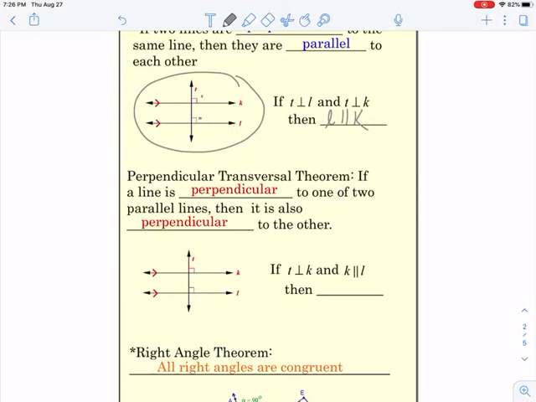So if T is perpendicular to K, as denoted right there, and if K is parallel to L, as denoted by those two little arrows there, then the next thing that has to be true is that T is going to have to be perpendicular to L. Again, because parallel lines cut by a transversal, that means these two things have to be congruent. They're corresponding angles. So that means that T is perpendicular to L. And that's pretty much as exciting as this is going to get.